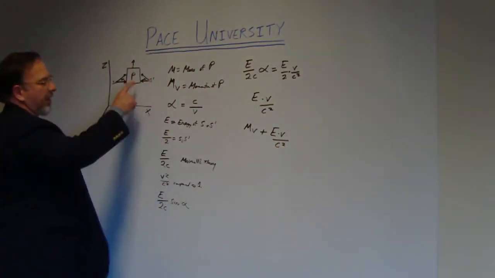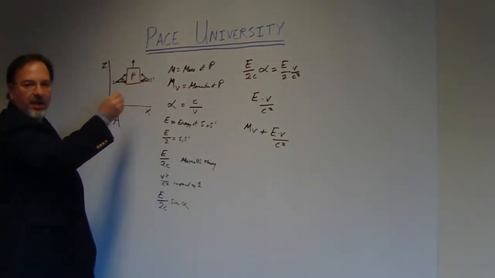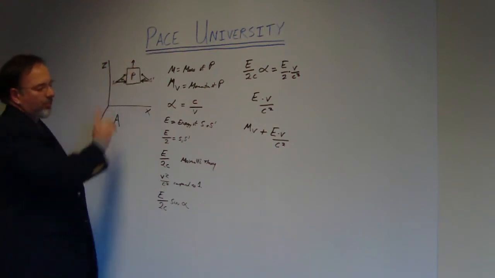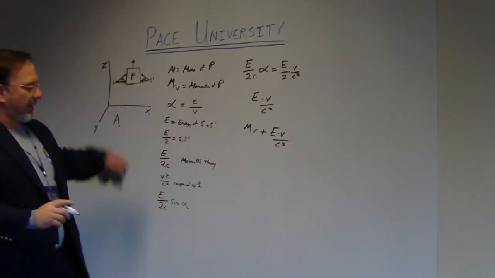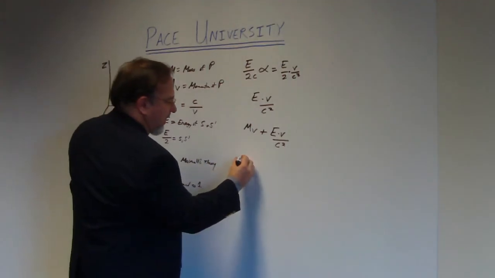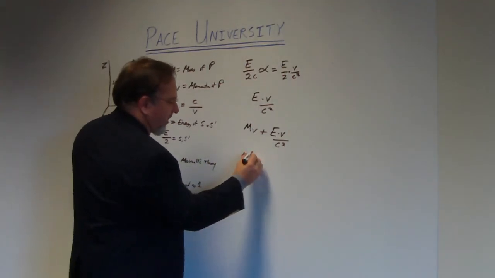Now, as P absorbs this light energy as it moves through space, it gets a new mass. That new mass we'll call m prime.